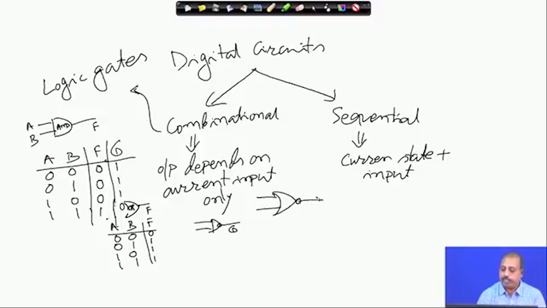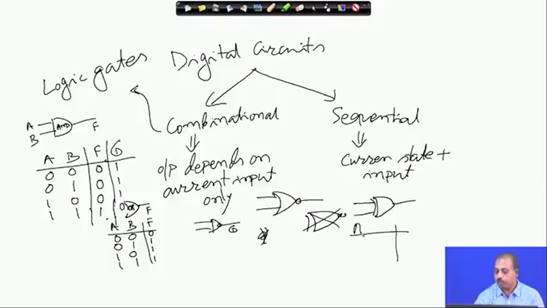Another very interesting gate is the XOR gate, where we have two inputs, and the output will be 1 provided only one of them is equal to 1.